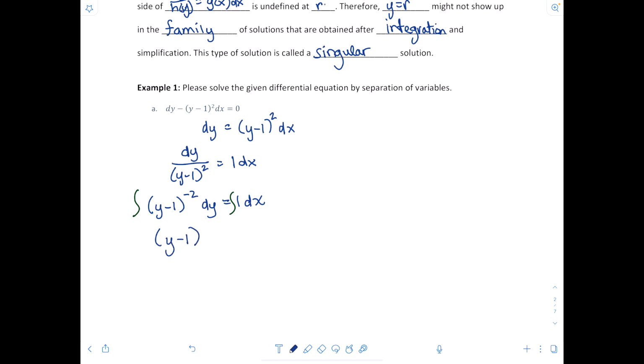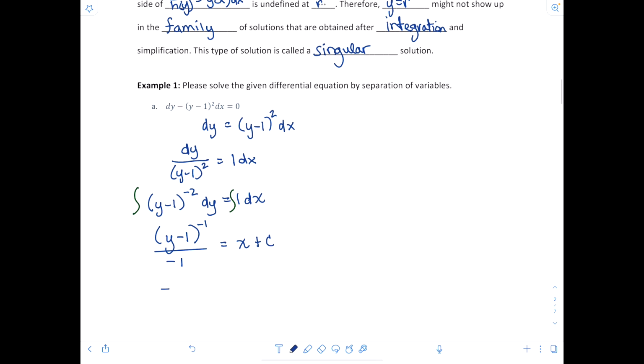We'll have the quantity y minus 1 raised to the negative 1 divided by negative 1 using the general power rule for integration, and that's going to equal x plus some constant c. So that's going to give us negative 1 over y minus 1 equals x plus c.